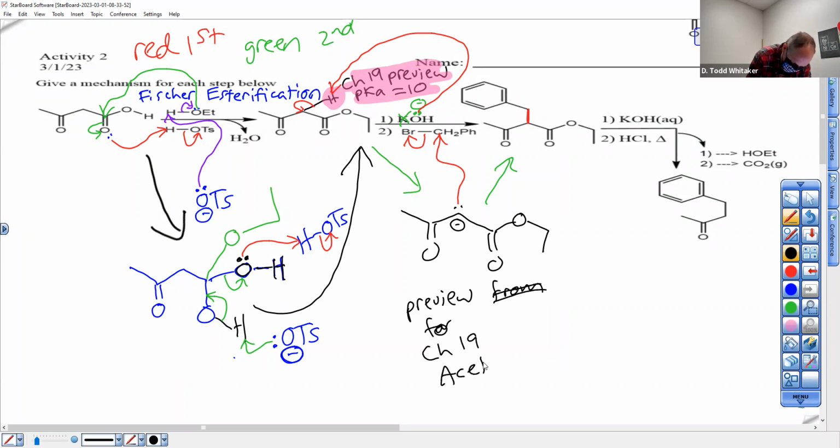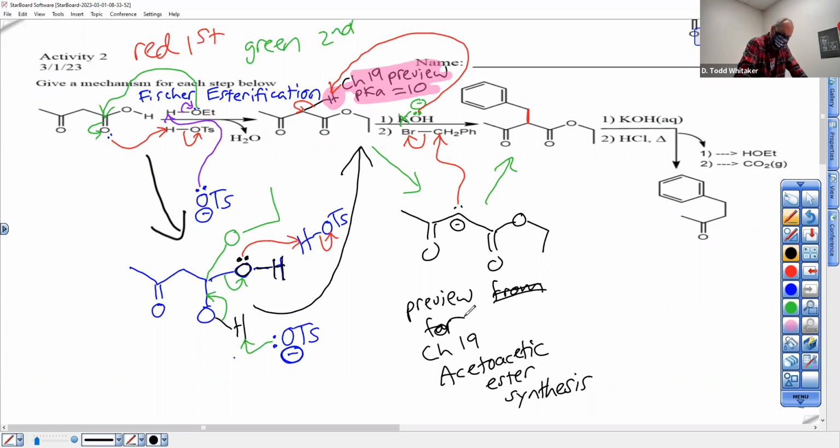Acetoacetic ester synthesis, which we'll be using in our retrosynthetic analysis most likely, or a similar synthesis called the malonic ester synthesis.